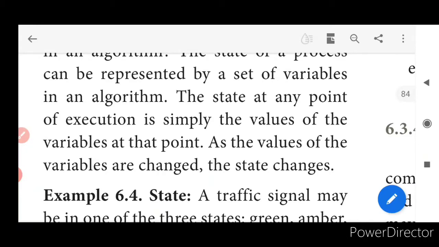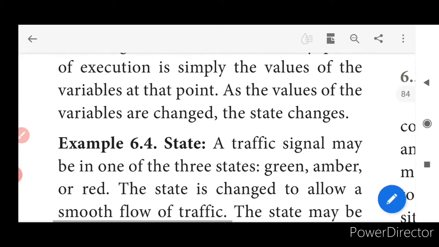Say for example, A is equal to A plus 3, where A is equal to 2. So 2 plus 3 will be 5 and the value will be stored in the same A. Now what will be the value of A? A is going to be 5. Initially it was 2 and now it is 5. The state changes as the value of the variable changes.